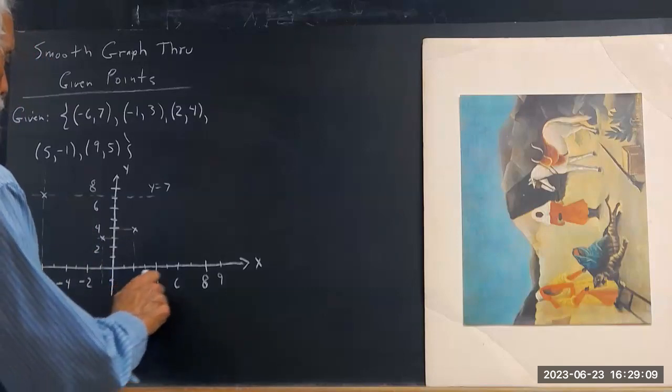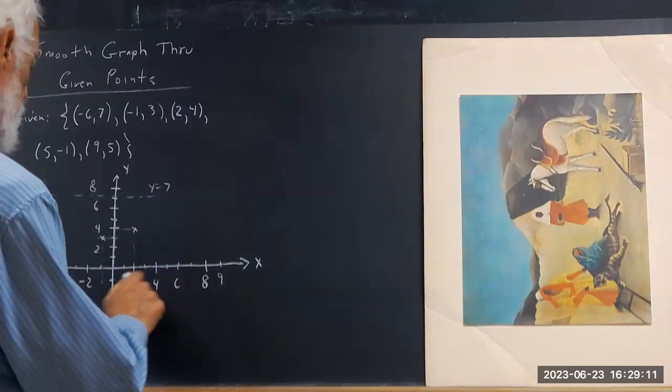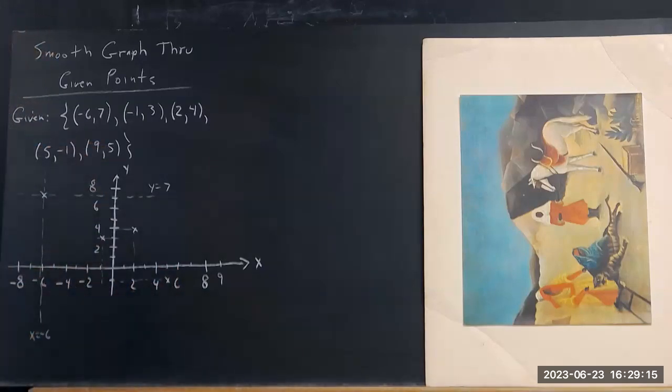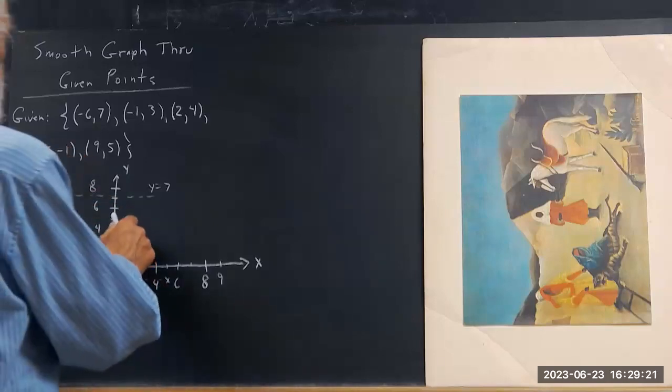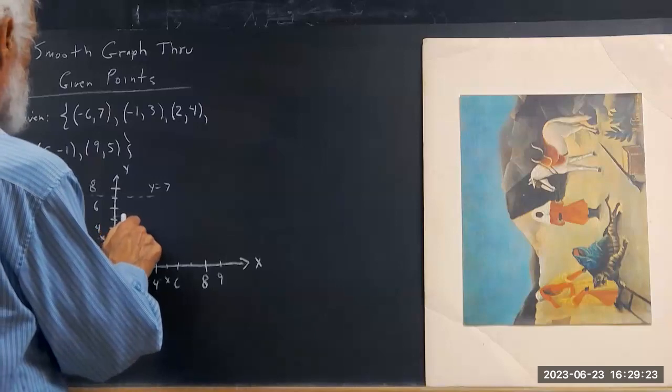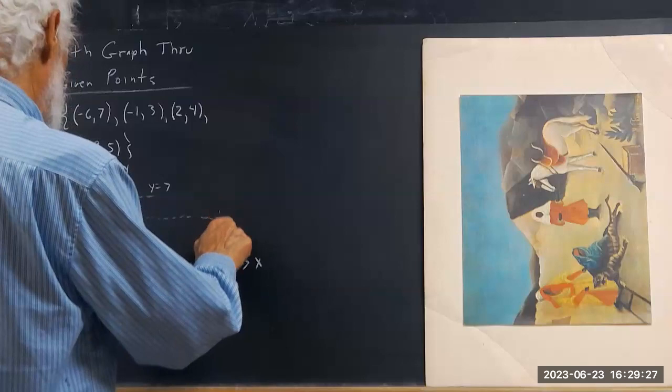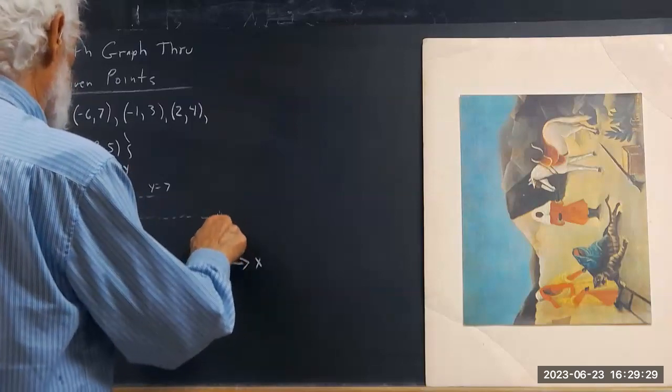That would be about -1. And I'm not going to label that on the y-axis because I think we can understand that. Everything else. So we have this point, this point, this point, and this point, and then we have 9, 5. Well, 5 is here. I'll draw it just a little higher, as it should have been a little higher. Okay. And 9 is here. So we have this point.